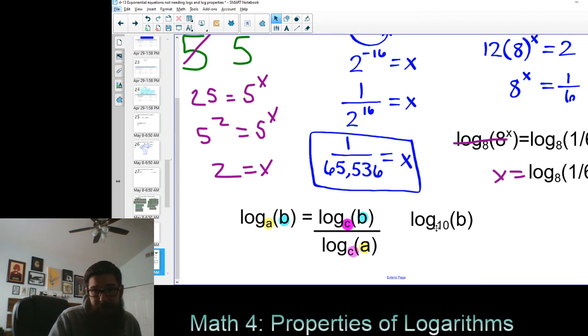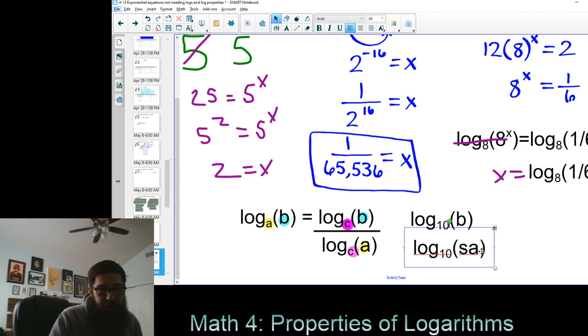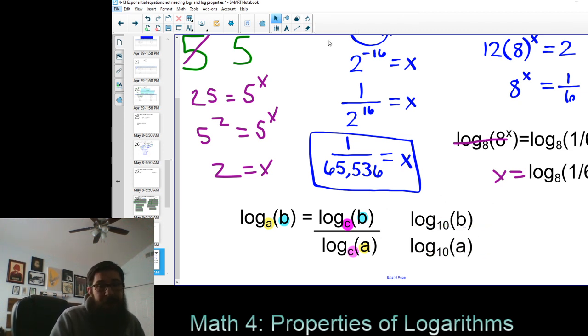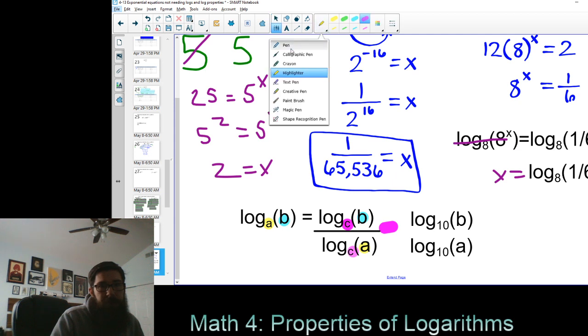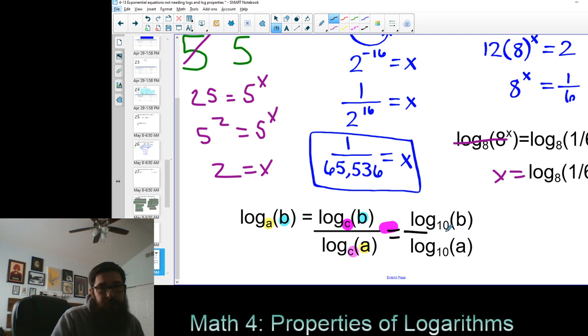It knows 10, and it knows e, which we'll talk about a little more next week. e is a number. I know it's a weird thing to hear me say. If I write this, oh goodness, that's not what I wanted. Let's change that back to a regular old pen. The idea is still the same.